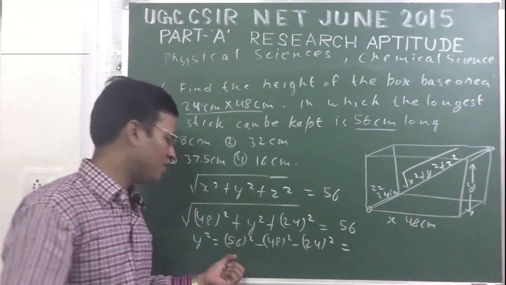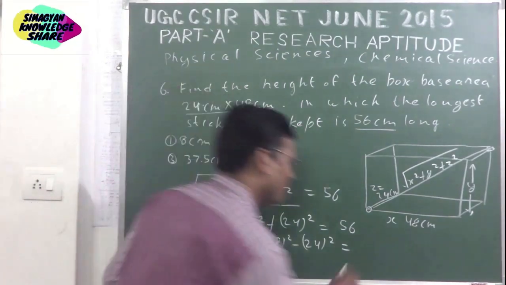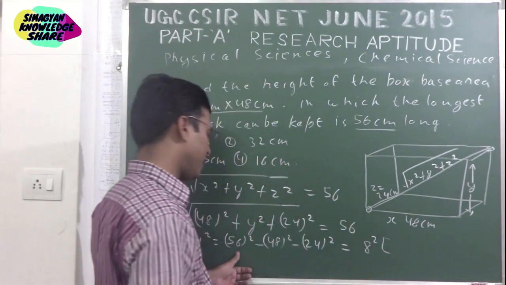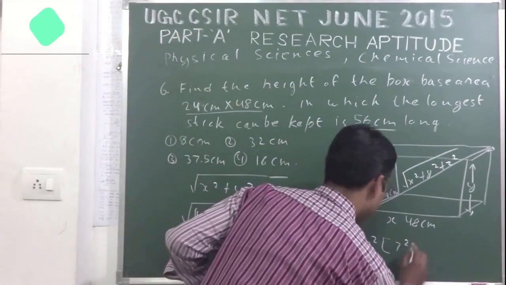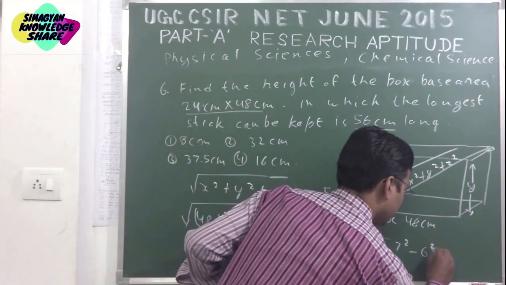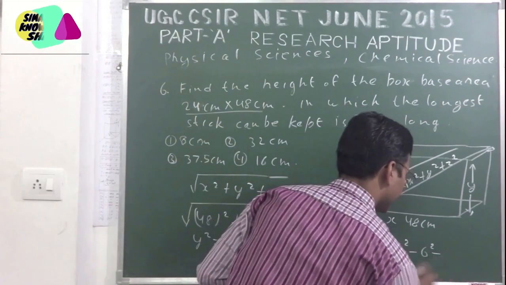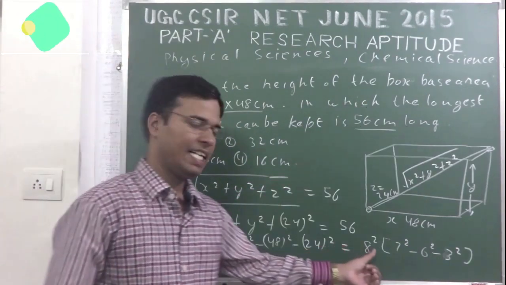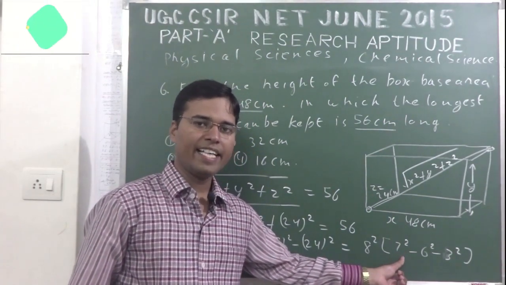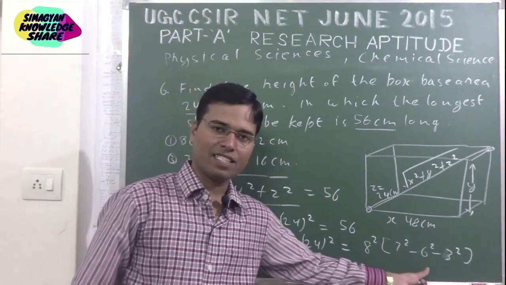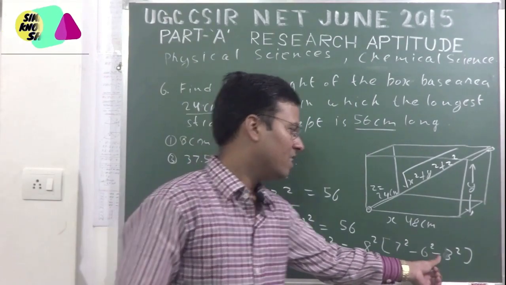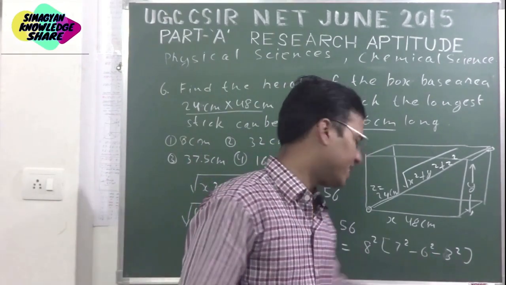Now take the common value 8 square. From this complete expression you would get 8 square common, then 7 square minus 6 square minus 3 square. 7 square is 49, minus 6 square, that is 36, and minus 3 square, that is 9.